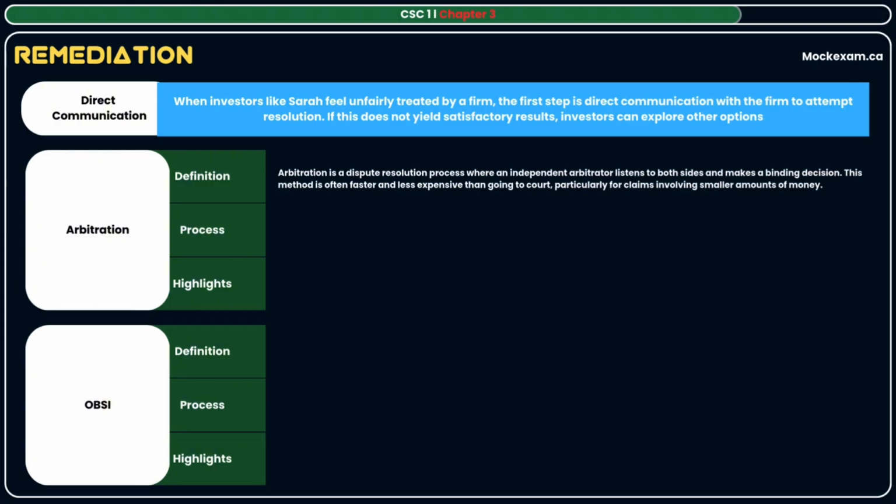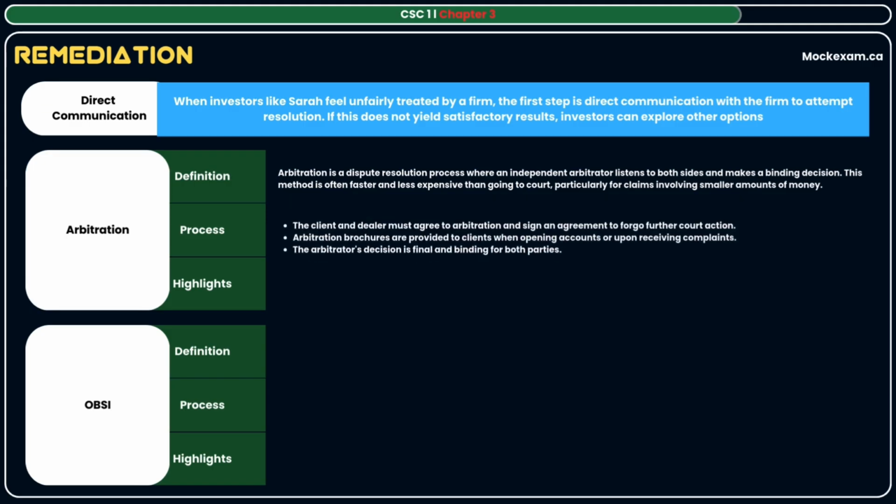Arbitration is a dispute resolution process where an independent arbitrator listens to both sides and makes a binding decision. This method is often faster and less expensive than going to court, particularly for claims involving smaller amounts of money. What's the process?